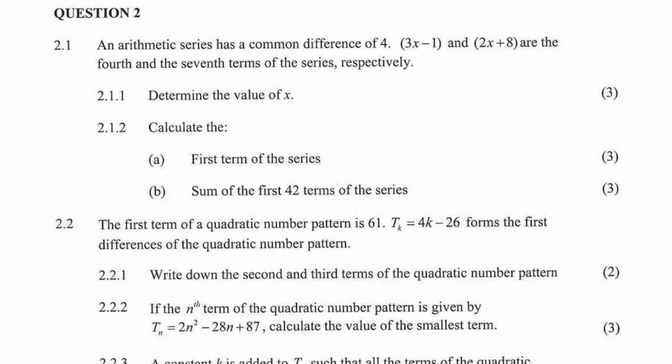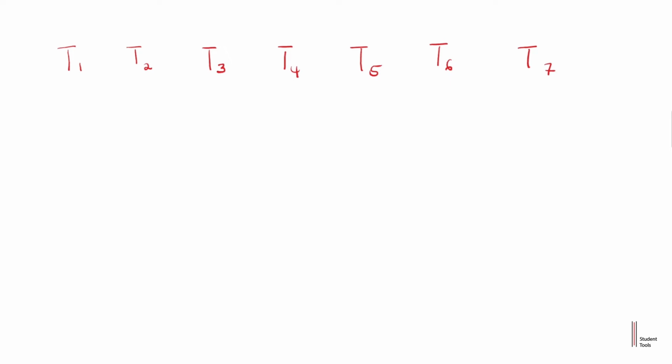Alright, so we are told that we have an arithmetic series with a common difference of 4. And then we have 3x minus 1 and 2x plus 8 as the fourth and the seventh terms of the series respectively. So that means at term number 4 we have 3x minus 1.